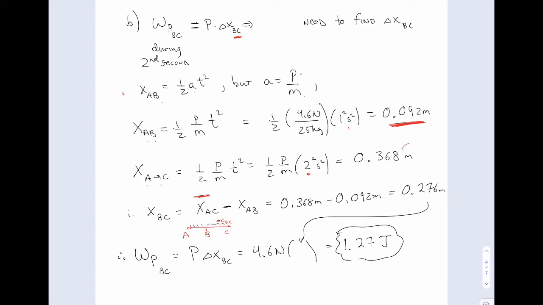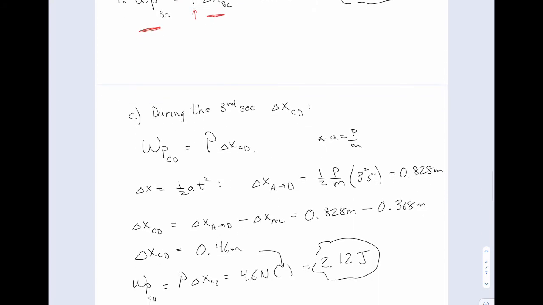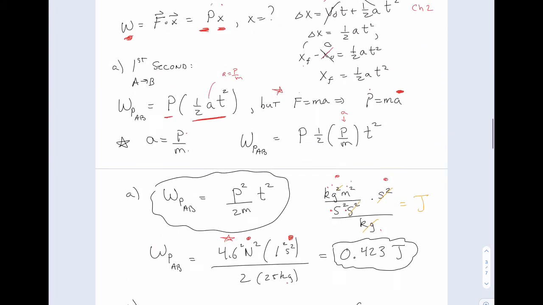Okay, so I just did that minus that. So this gives me the distance between points B and C. So now the work done by the force from B to C is that force times that distance. So that number goes right there. And then it's the exact same thing. Find the work done during the third second. So that's why it helps to have the picture.